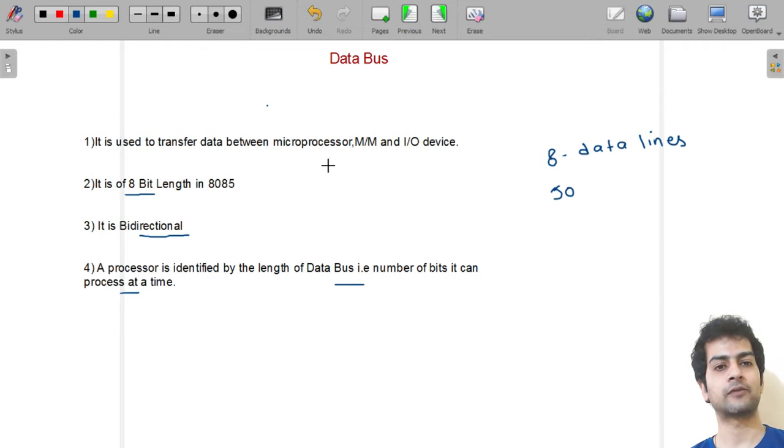From the number of data lines or data bus, the length or bit size of the microprocessor is defined.